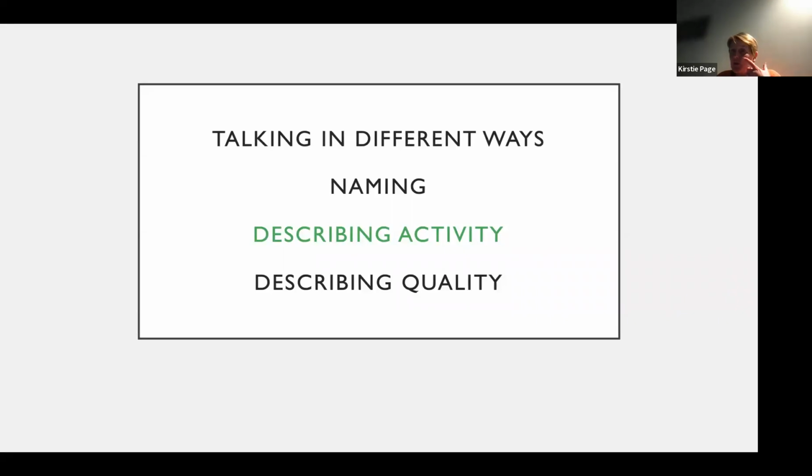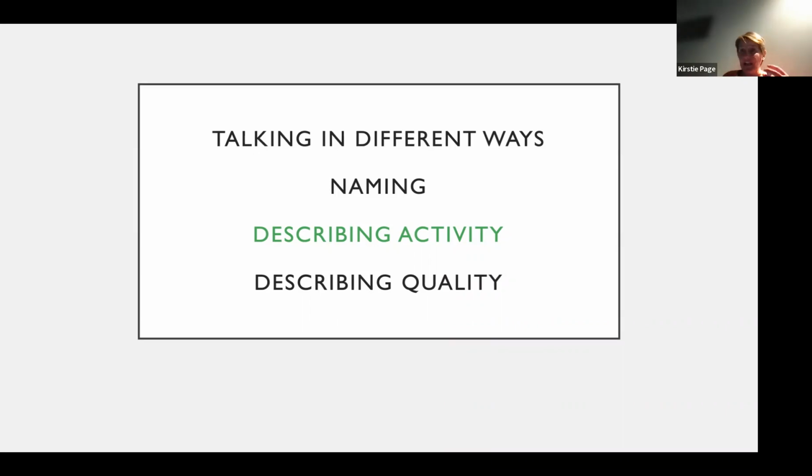I use talk to describe activity, to talk about what I'm doing, what you're doing, what somebody else is doing, to talk about what's happening in a picture that we're looking at. And then I use talk to describe quality, which is where I talk about what something is like, what it looks like, feels like, sounds like, smells like or tastes like.